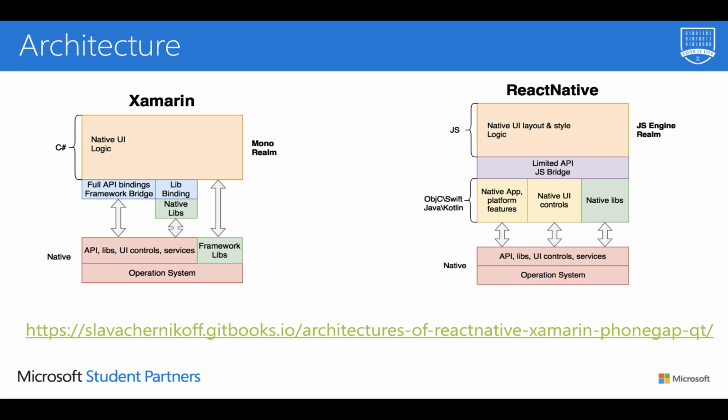Actually, it has the binding of libraries, it binds to the native libraries, and they quickly go to all the UIs, etc. And the framework libs, as you see, are bound without any bridges. There is only a bridge between the framework to reach all the APIs and all the libs.